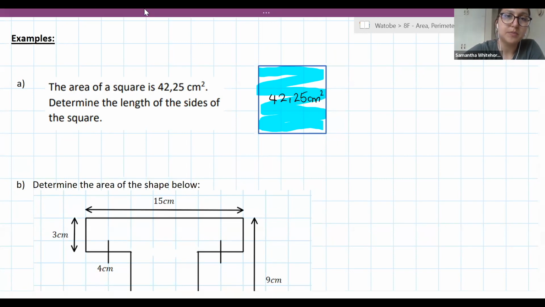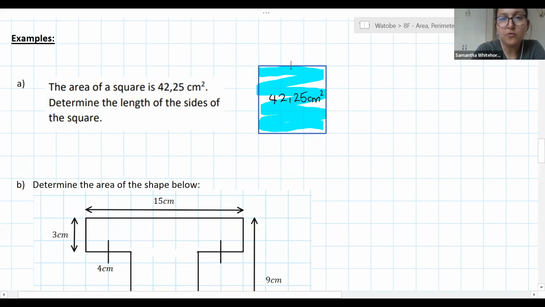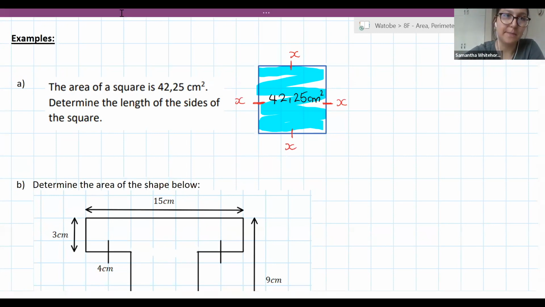Now, another important piece of information about a square is the fact that all four sides are equal. So if I come up with a variable to represent them, they all have to be the same. So they would all be x centimeters long. They would all be identical because it is a square.